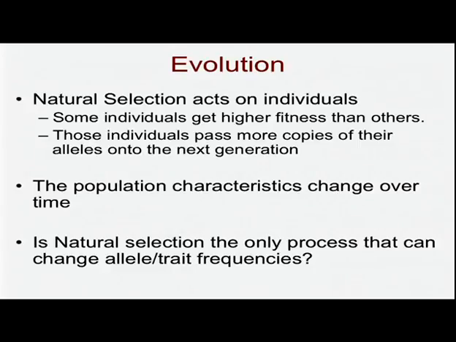The population characteristics change over time. The frequency of the traits changes, right? If evolution is happening. If the environment doesn't change and there's tons of food available, it's unlikely that you will get much change over time. Because everybody's getting food, even if they stink at getting food. They're getting hit on the head with the fruit. You know, they have to be really, really bad at getting food to not get enough to survive and reproduce. Okay?